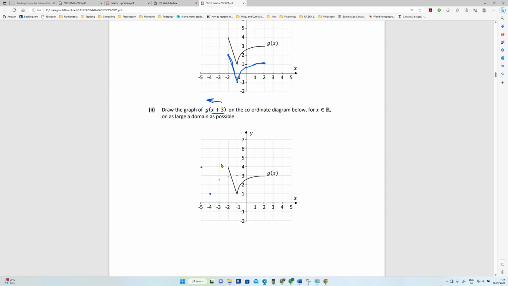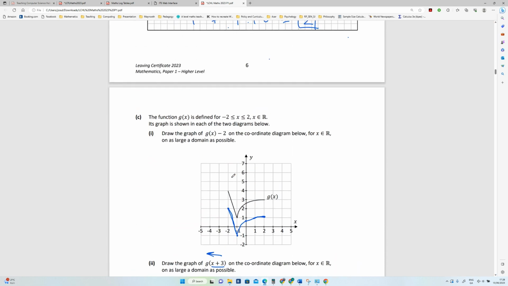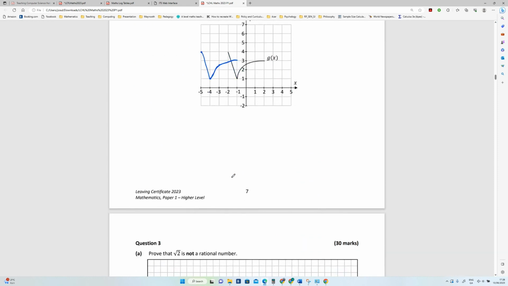Okay, so again, get your ruler to draw the straight piece and then draw the curve. All right, so take your time with it. It's difficult to draw it accurately on the computer here, but take your time with that and draw it as well as you can. And I think that's it for part C and for question 2. Okay.